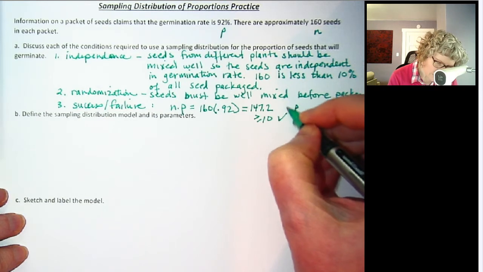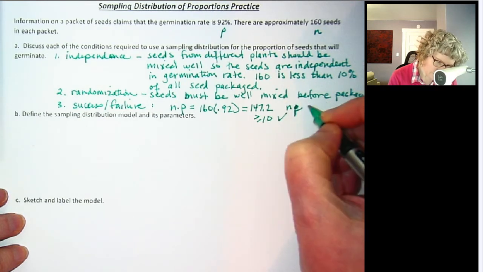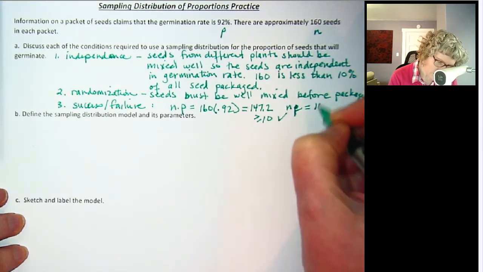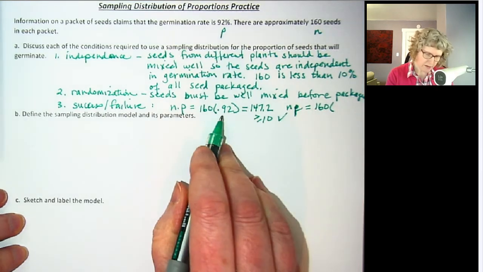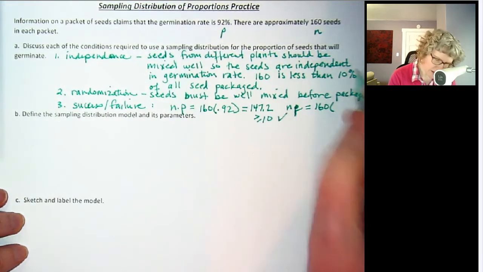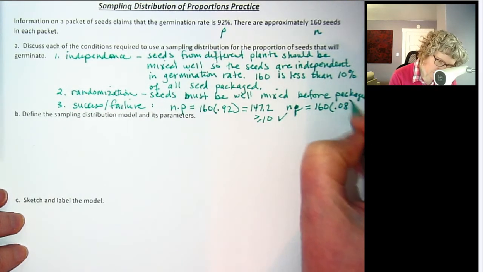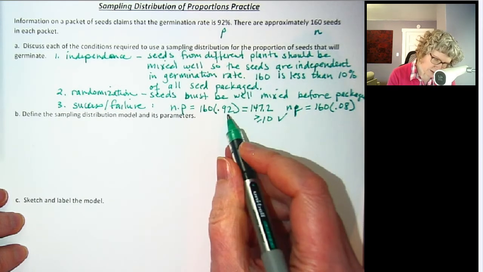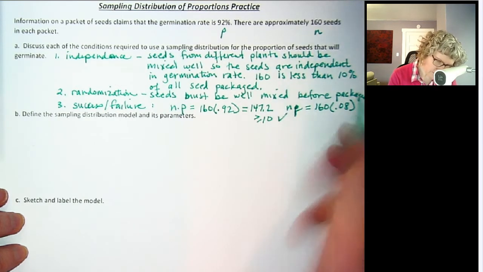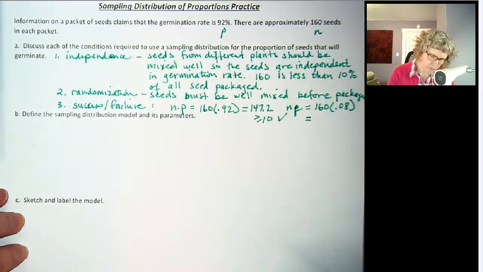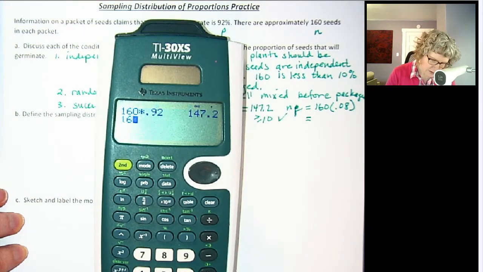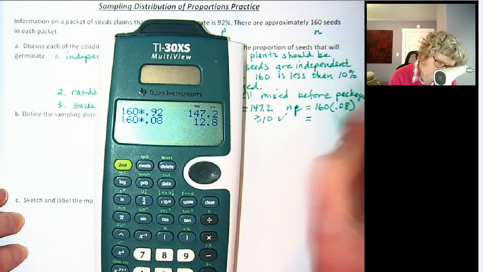And our N times Q is 160 times, that's 92%, so 8% would be the complement, what we need to make up to 100%. 160 times 0.08 is 12.8. Ooh, just barely on that one.